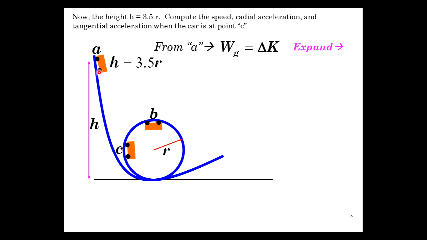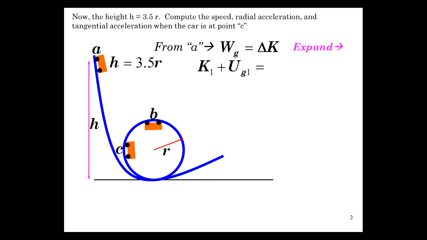And you probably should realize that it doesn't really matter that it goes through the loop, because the forces acting on the cart are perpendicular wherever it is. And even though there is gravity, which isn't always perpendicular, it's conservative, so it doesn't matter if we consider from A to C being direct or going around the loop, which it is in actuality, but it doesn't change the computation of the problem.